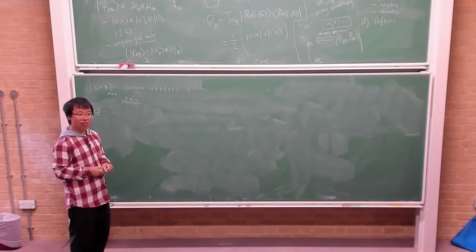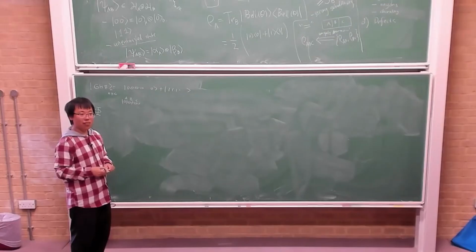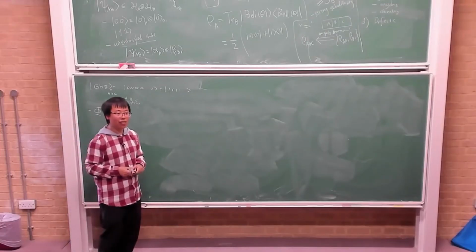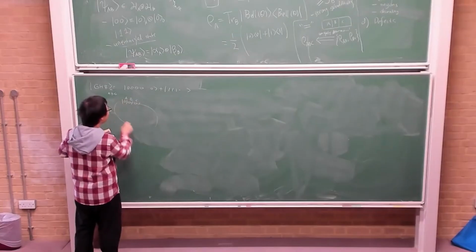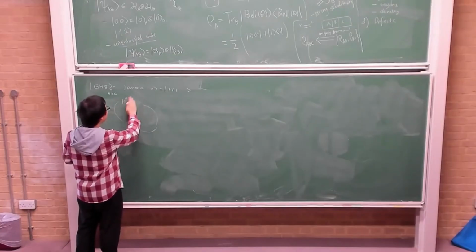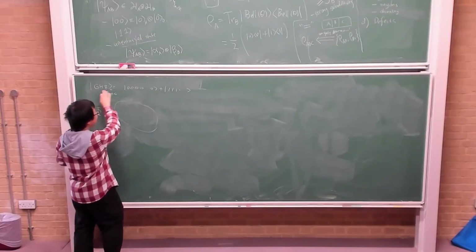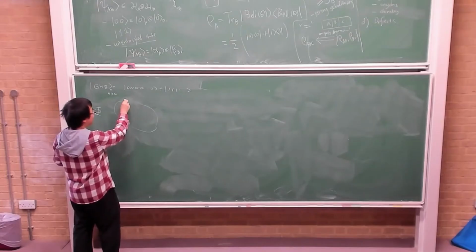Take a large system with all nearest neighbor parts. Let me take this GHZ state. This is a nice example.